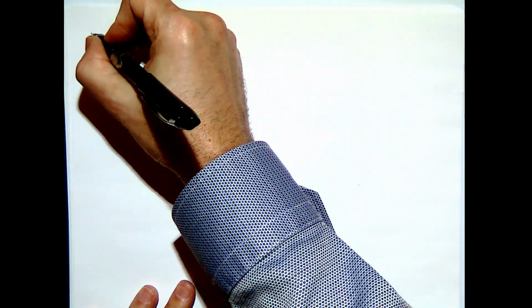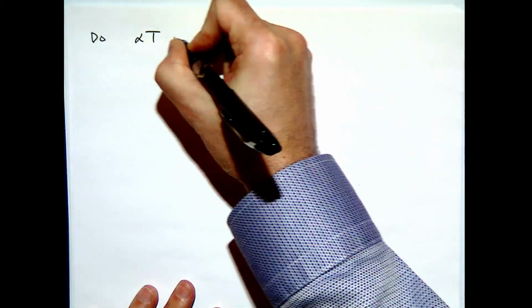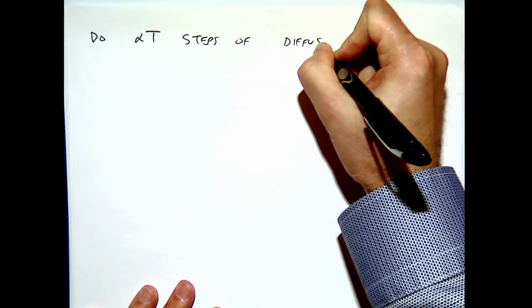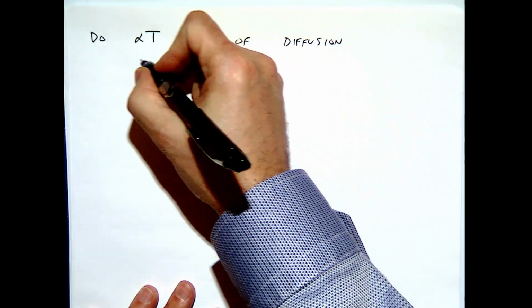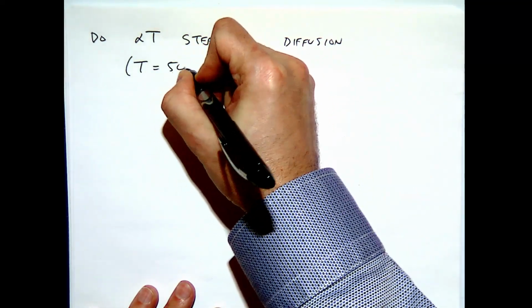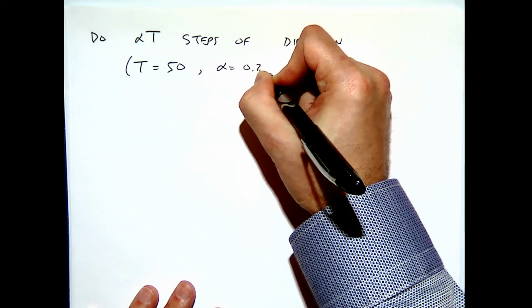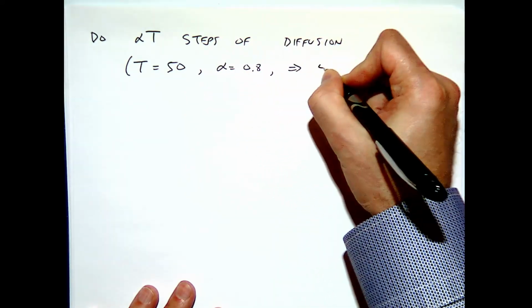The idea is to do alpha t steps of diffusion. So for example, let's say that t is my normal number of steps, 50, and alpha equals 0.8, then I would do 40 steps.